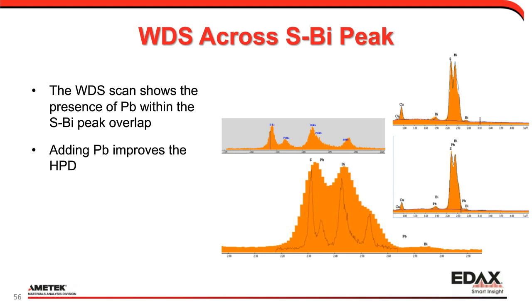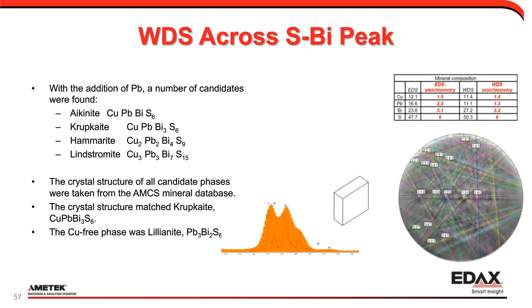So if we add lead to this, our peak matching matches up much better. And now if we add lead to our searches, we find other candidate phases. In this case, we find a structure through the American Mineralogist for the lead bearing, I'm going to call it krupkaite. Sorry, I don't know how to pronounce those.